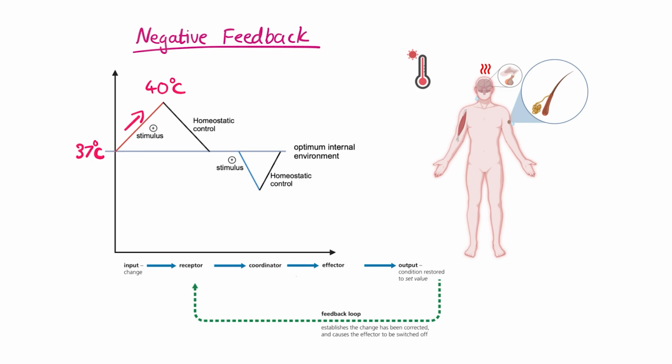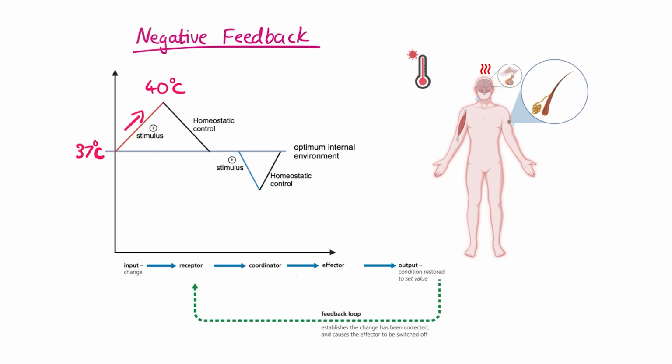The receptors will then send that information to the coordination system, where it will be processed and compared to the baseline. From there, a response or output will be generated, which will be carried out by effectors. The information will be sent to the effectors using either the nervous system, the endocrine system, or a combination of both, and the effectors will act to correct the change that occurred.